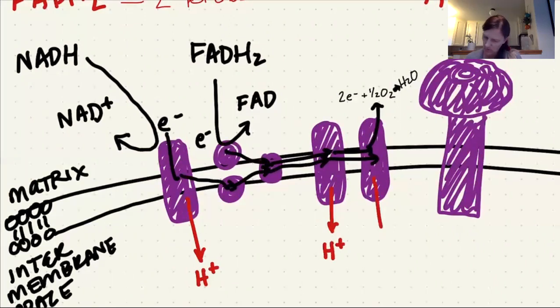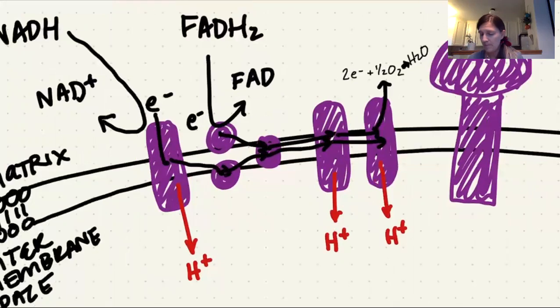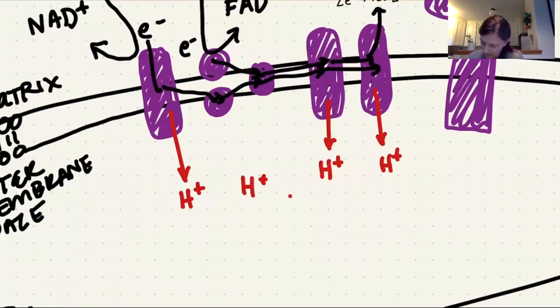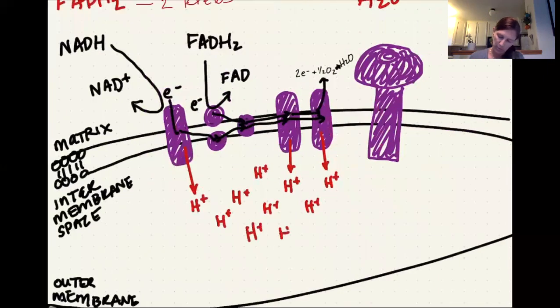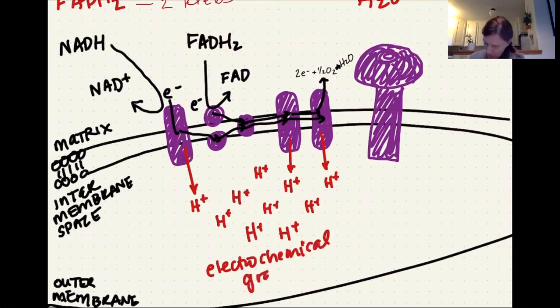You don't have to know exactly what molecules it happens on, but what you do have to know is that as electrons are moved, H's get pumped into the intermembrane space of the mitochondria. And these H's will build up an electrochemical gradient, which we've already talked about, and we know the energy can be stored in an electrochemical gradient, right?